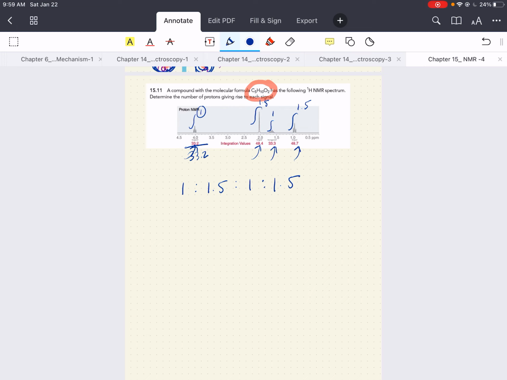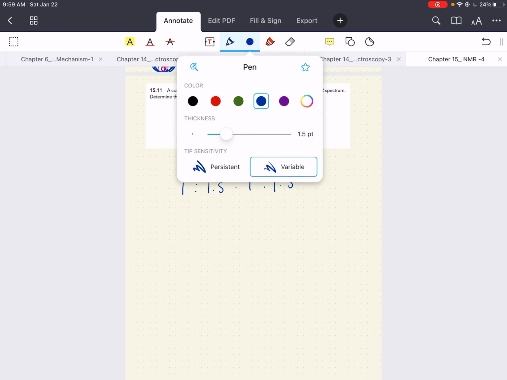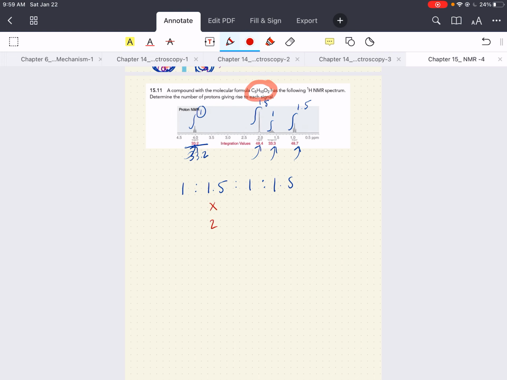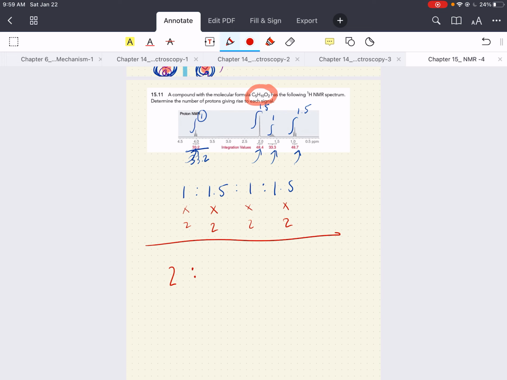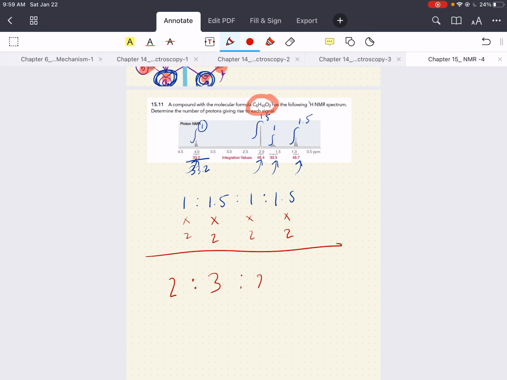So to accommodate for that, to get it to a whole number, simply multiply by 2, because 1.5 times 2 is going to give us 3, which is a whole number. But of course, we have to do it for all of them, because we can't just multiply one signal by 2. This gives us a new ratio of 2, 3, 2, 3.